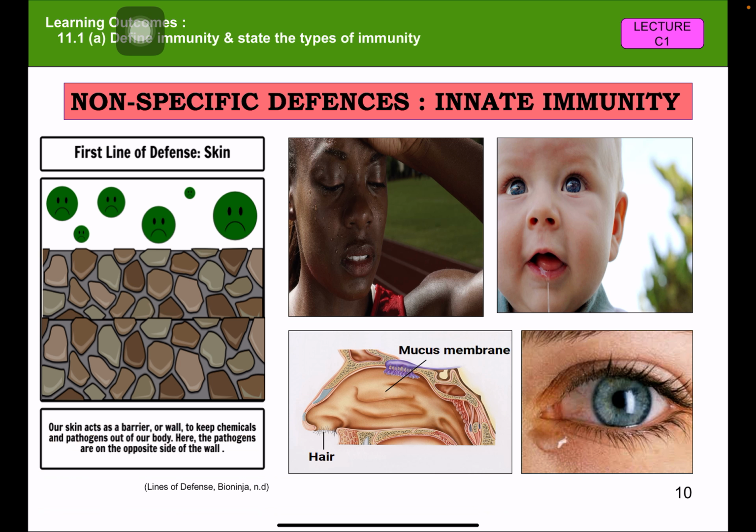So these are the diagrams showing the non-specific defenses under the innate immunity. The first line of defense is the skin, mucous membrane, and also your tears.